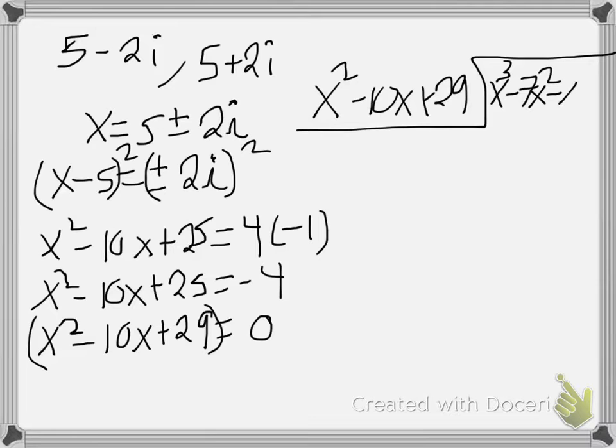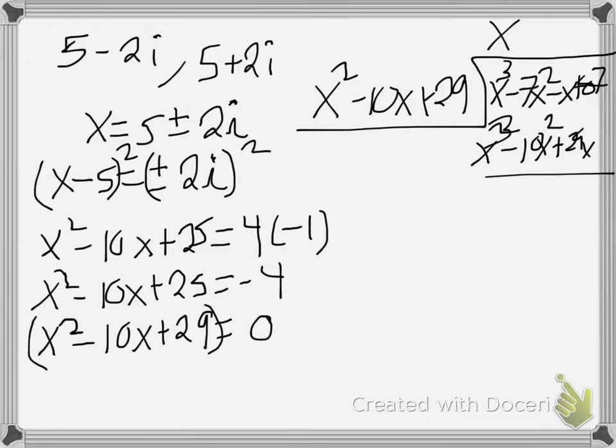minus x plus 87. All right, so that's going to give me an x. So that's going to give me x cubed minus 10x squared plus 29x. All right, again, remember we're subtracting these. So I've got negative 7 minus negative 10, which ends up being 3x squared.